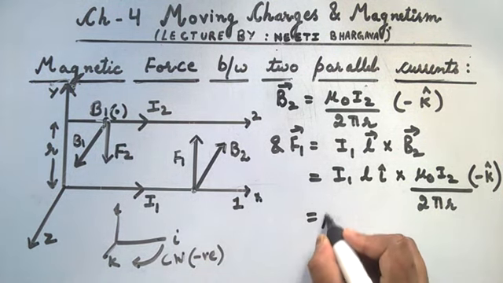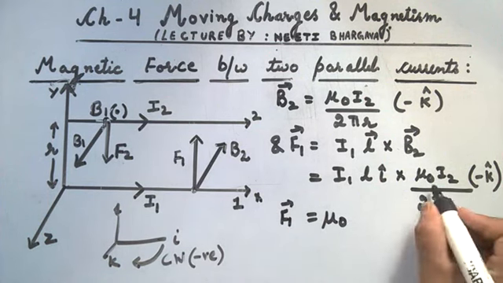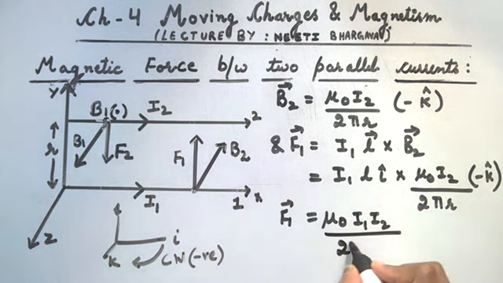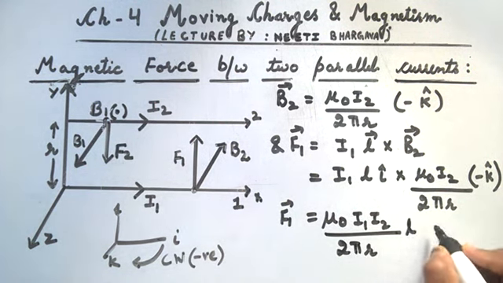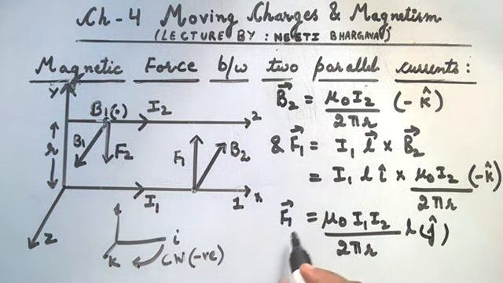Therefore, mu naught I1 I2 upon 2 pi r L j cap, that is towards the positive y axis.